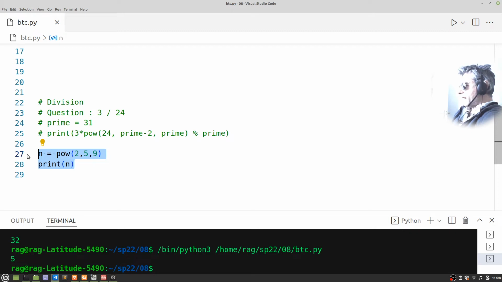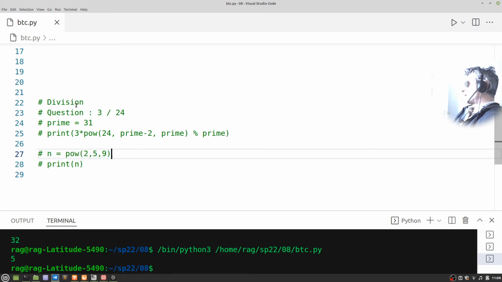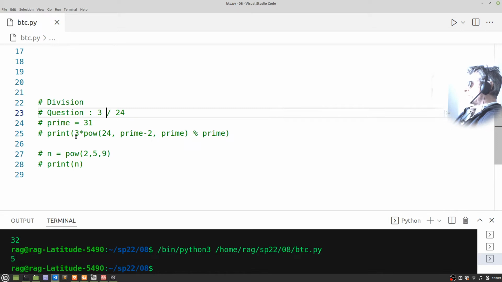So using it to do division in a finite field, the question is, what is 3 divided by 24? So we do 3 multiply, and then here's the important bit. We say that's the bottom number, and we do the bottom number to the power of the prime, which is 31, minus 2.